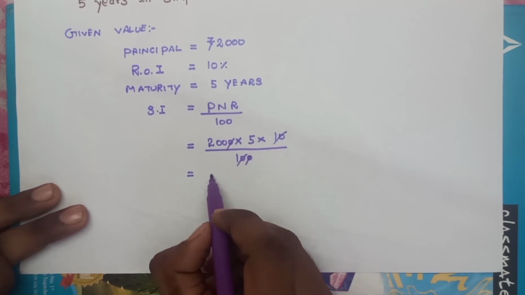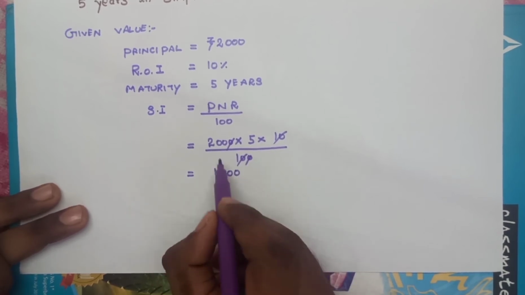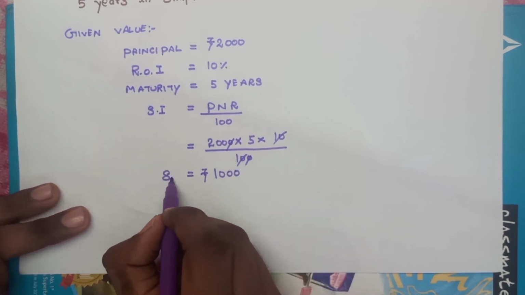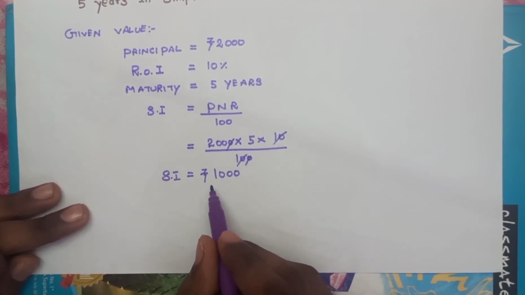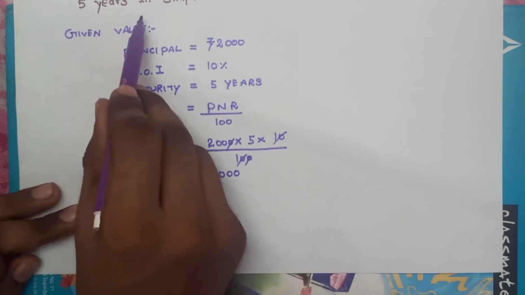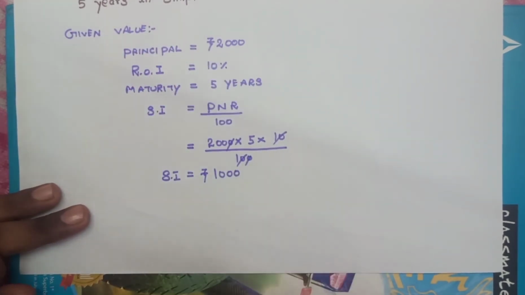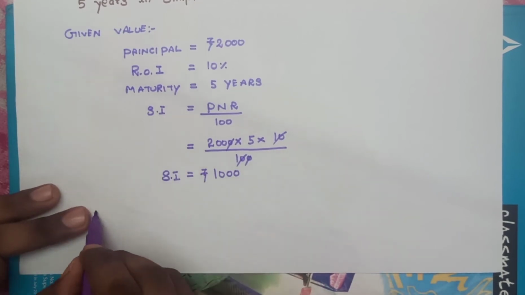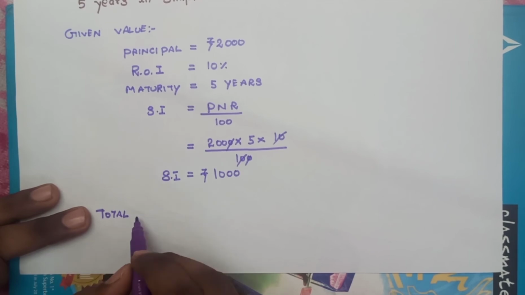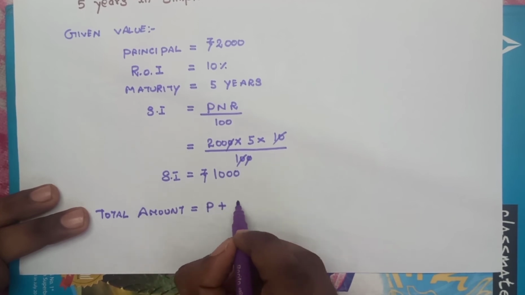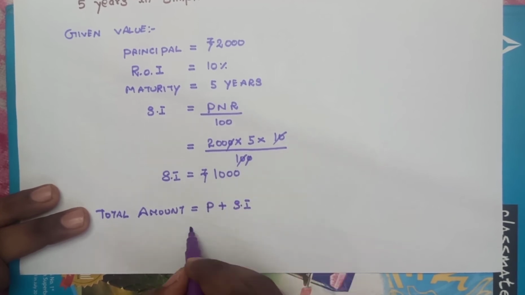5 2s are 10, and the remaining 20 rupees, 100. So the simple interest is rupees 1000 that you will get after 5 years for the investment of 2000 rupees. And if they ask to find the total amount you will get after 5 years, the total amount is equal to your initial principal plus your simple interest.